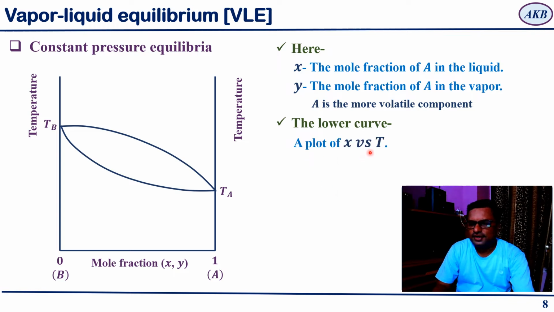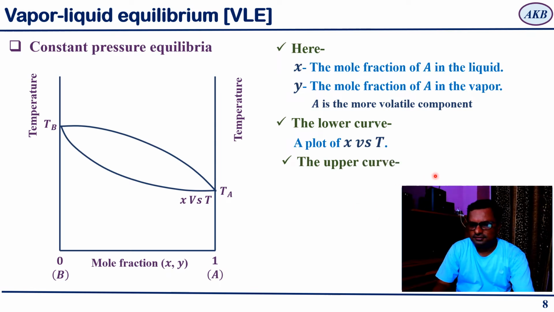It is a plot of x versus T. If you plot the mole fraction of A in the liquid phase against the corresponding temperature, you get the lower curve. We will know it in more detail shortly. For the time being, let us understand that the lower curve is obtained if you plot x versus T.